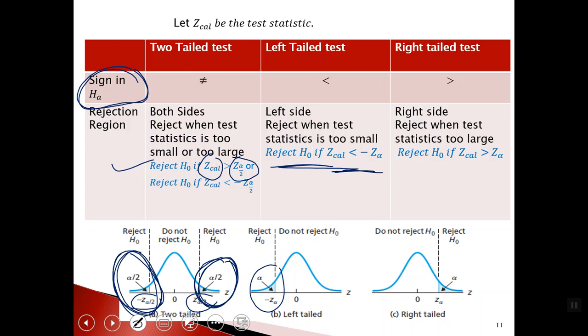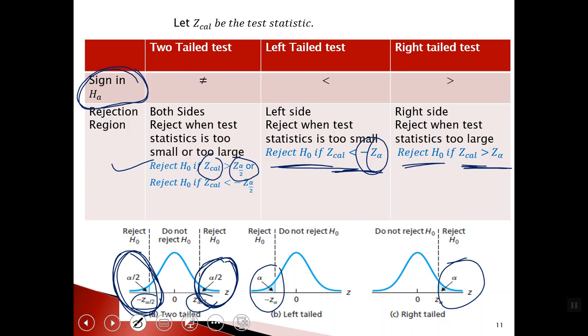Because for the left side, Z alpha is always negative values. Right? The left hand side gives you negative values. What will happen on the right hand side? Right tail test. Reject H naught if your calculated value is greater than Z alpha, which means within this area you have to reject.